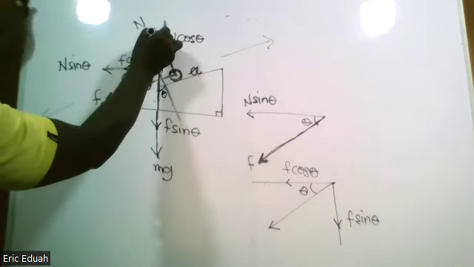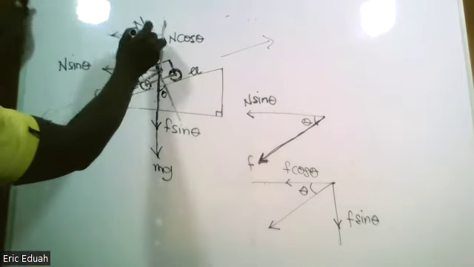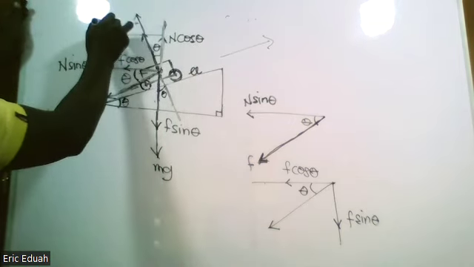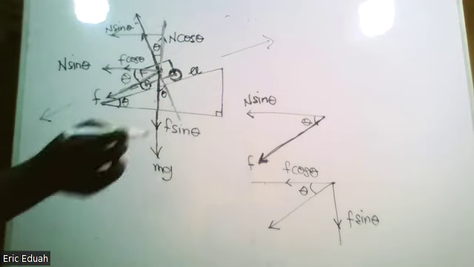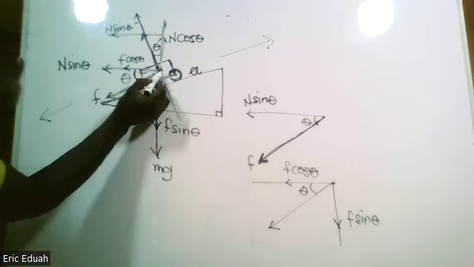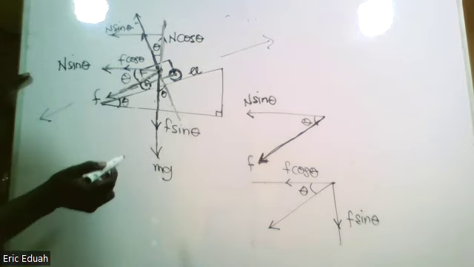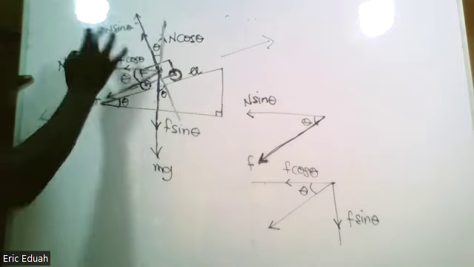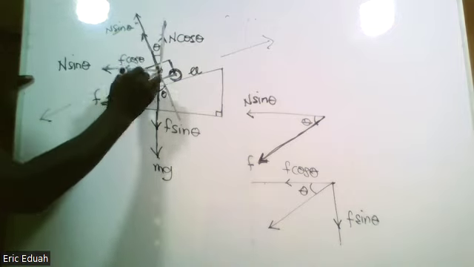Don't forget, N cos theta was here. N sin theta, but because of equal vectors, we are also bringing it here. Vectors are equal wherever they are if they have the same magnitude and direction. So that's why we moved this from here to the body.